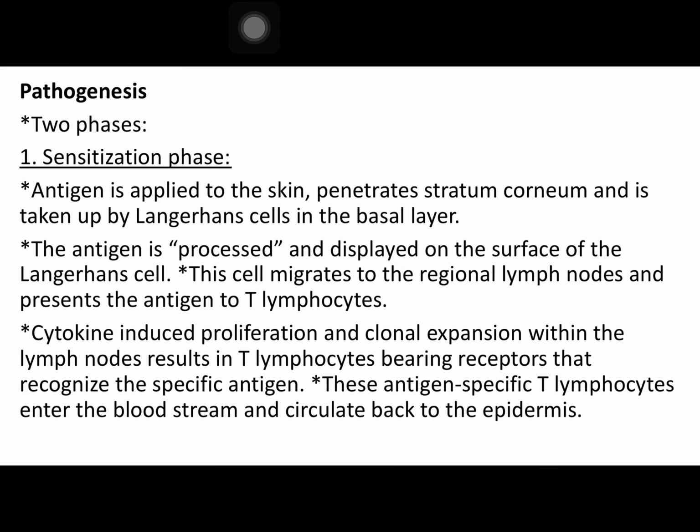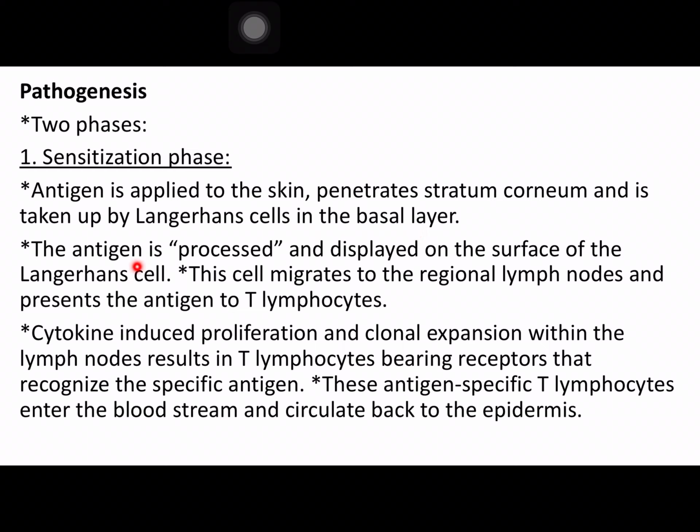In pathogenesis, the most important point to understand is that the mechanism of allergic contact dermatitis is divided into two stages: the sensitization phase and the elicitation phase. Simply, antigen is applied to the skin. This antigen penetrates the stratum corneum and is taken up by Langerhans cells in the basal layer.